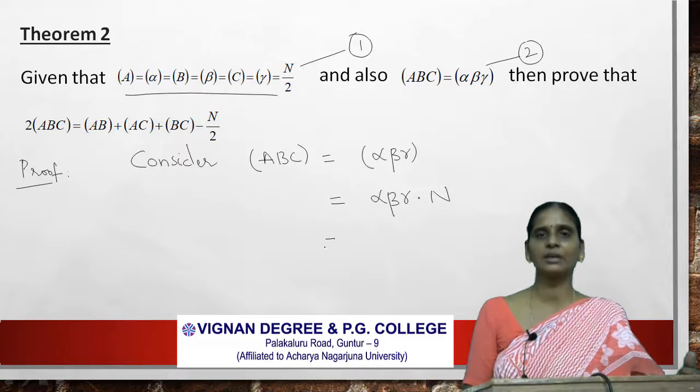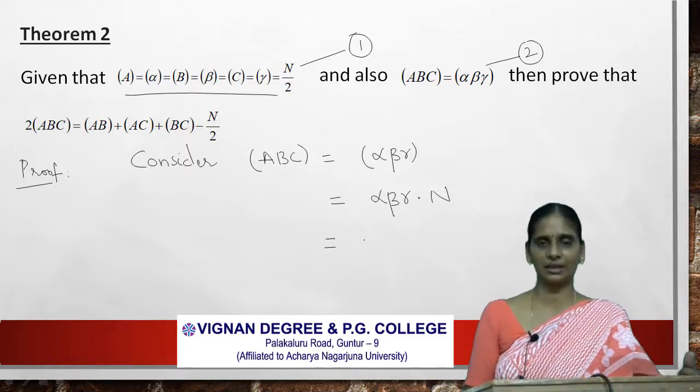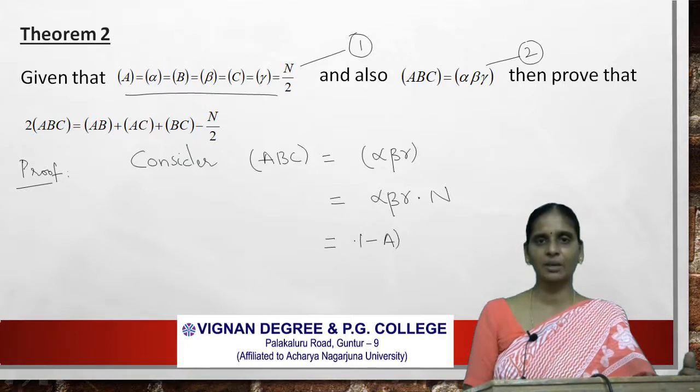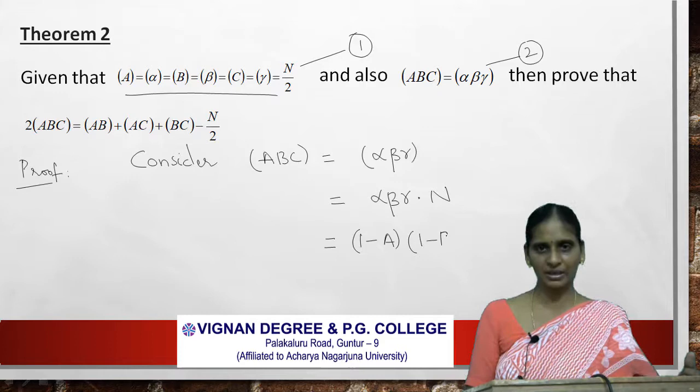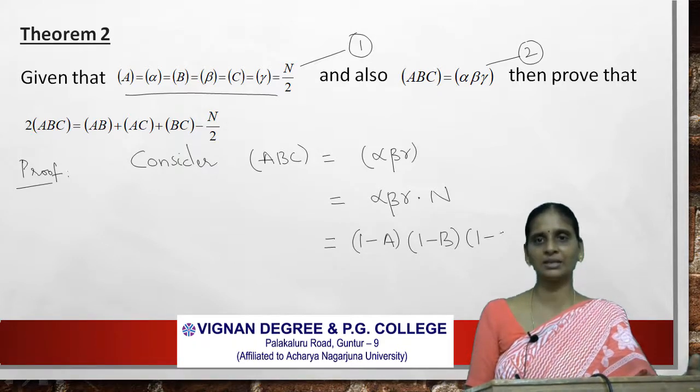Again alpha can be replaced by the operator 1 minus a, beta by 1 minus b, and gamma by 1 minus c, into n.